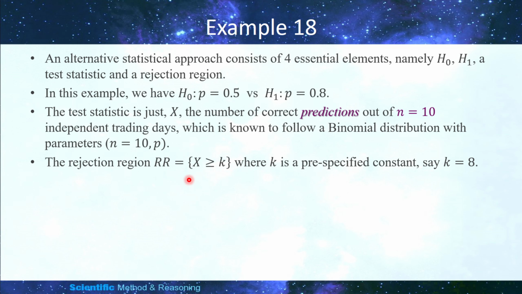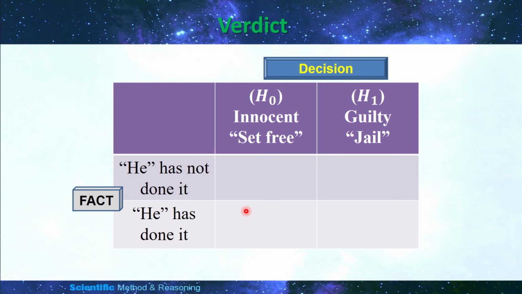RR equals the collection of x greater than or equal to 8 means that when x equals 8, 9, or 10, we will reject the null hypothesis. Here, a larger value of x is in favor of the alternative hypothesis.